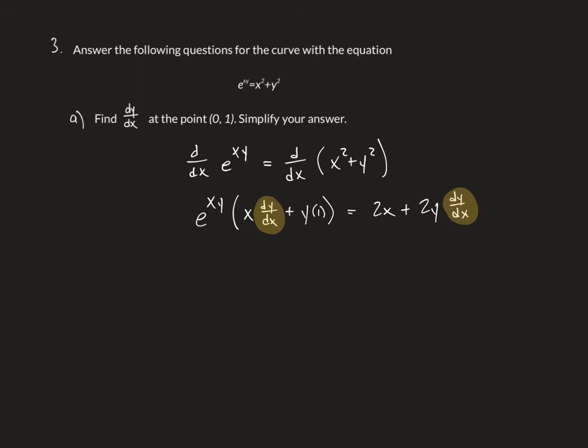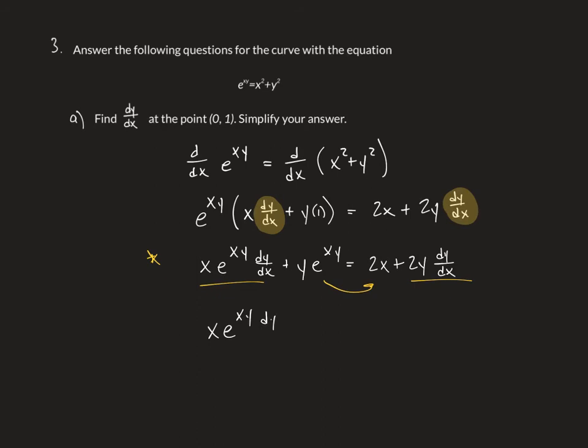So what I'm going to do is distribute this e to the xy. And now that I've done that, I'm going to get this component and this component on the same side. I'll choose this side over here, which means I'm going to have to send that component to the other side. So I now have x times e to the xy dy dx minus 2y dy dx equals 2x minus y e to the xy.